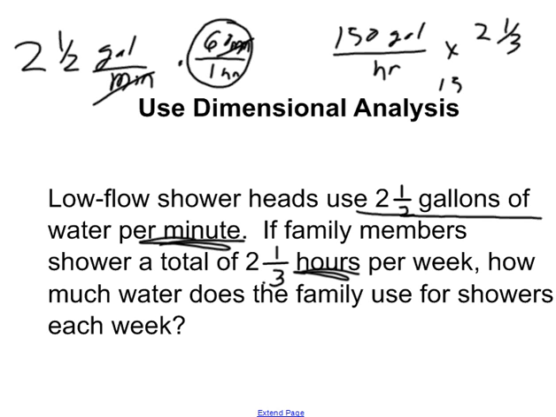I've got 150 over 1 times this becomes 7/3. All right, 150 and 3, the numerator here and the denominator here, this would become 50, this would become 1. So I've got 50 over 1 times 7 over 1. 50 times 7 is 350 gallons.